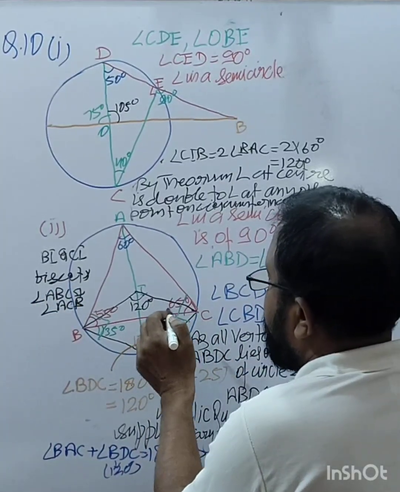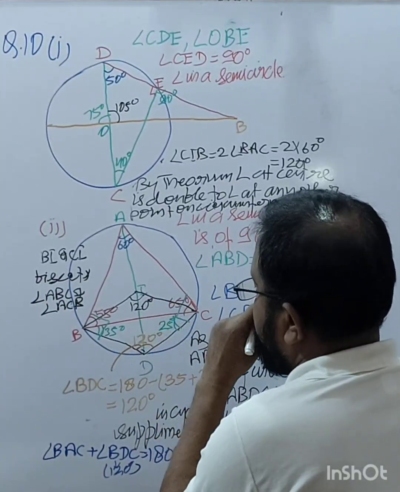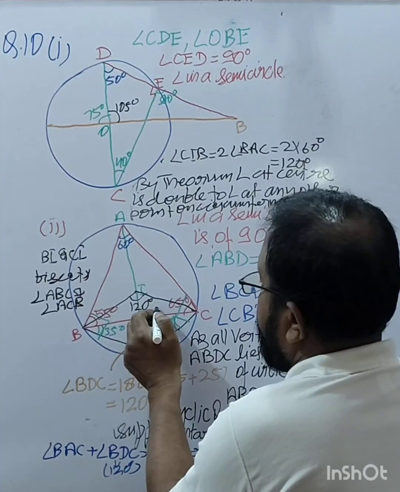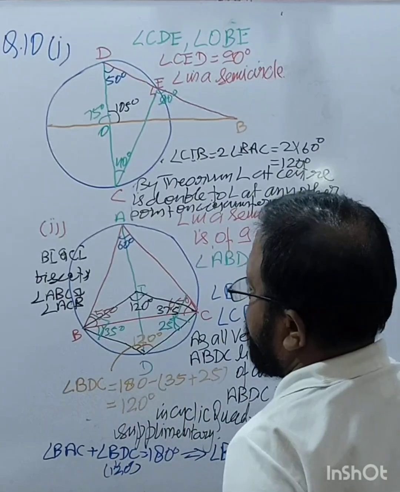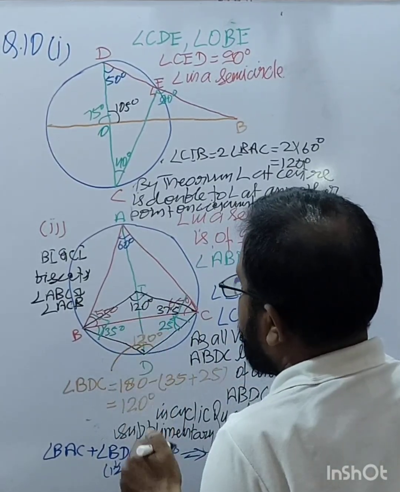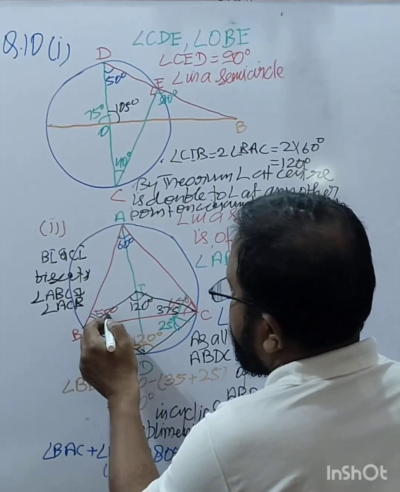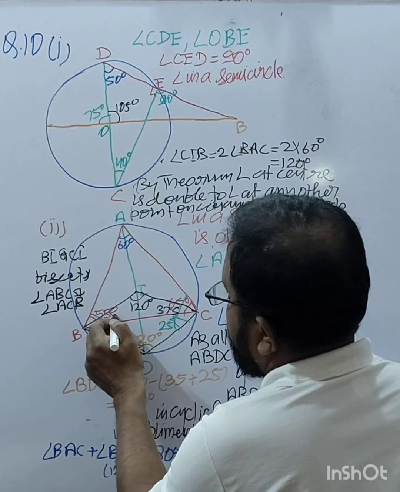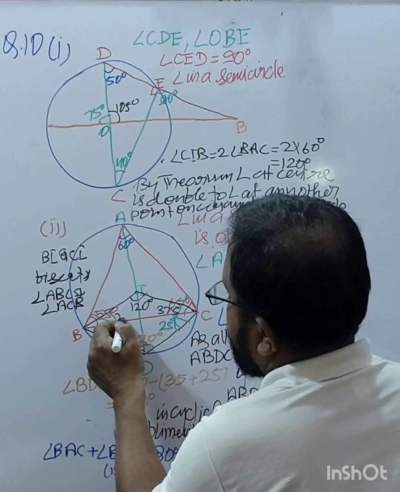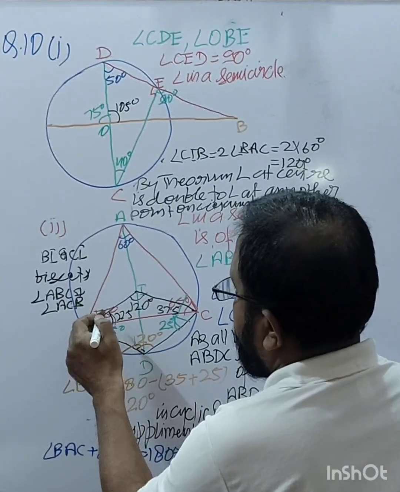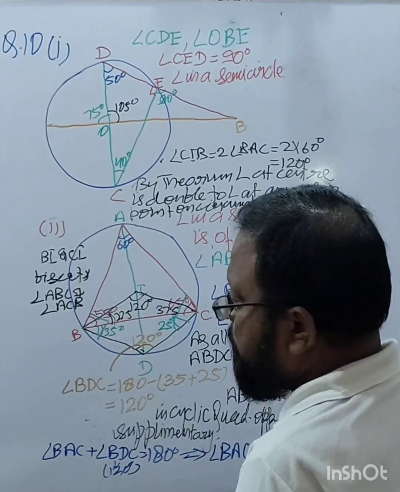So this will be 35. Half is how much? This is 37.5, right? This is 37.5 and this will be 27.5. They are bisectors, so they bisect.